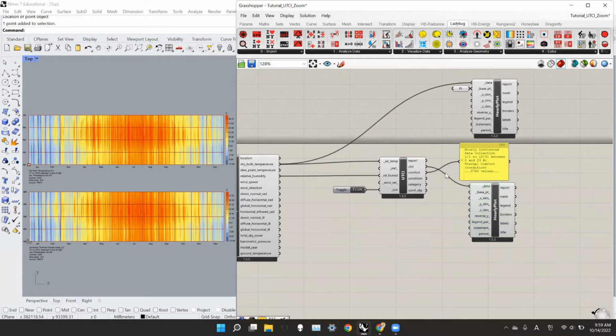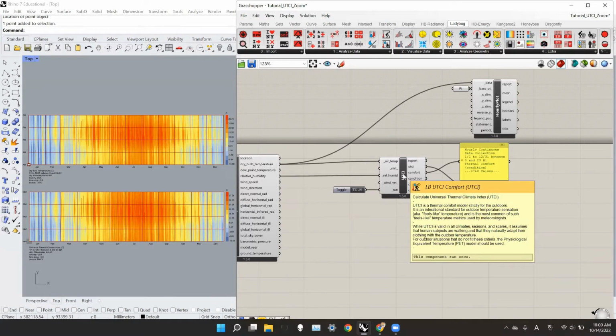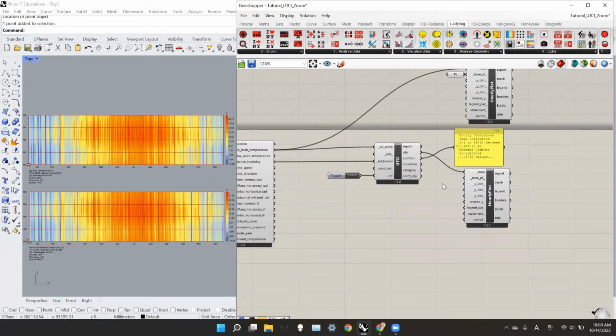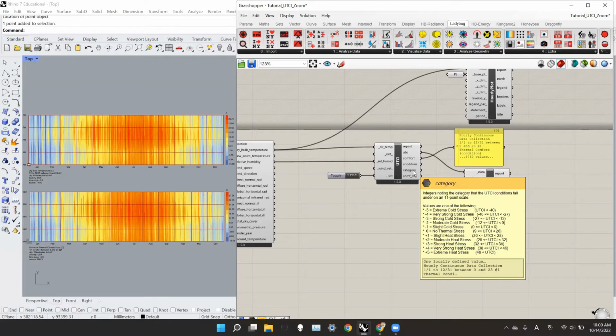As I said, UTCI has a broader comfort range. It's from 9 degrees to 26 or 27 degrees, if I remember correctly. If I don't remember, I can hover over the output.